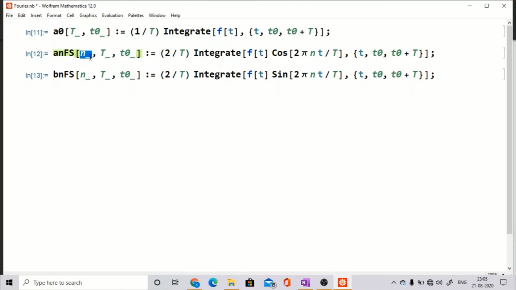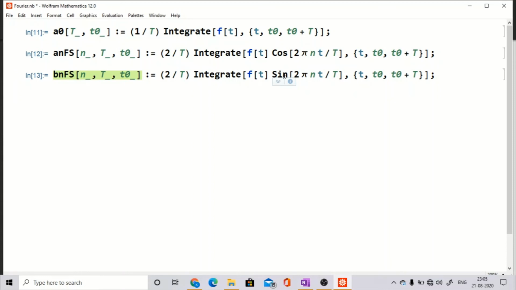The final thing is small n, because there is an extra variable introduced. And the third thing is my bn, which is a function of n, T and t0. This is again 2 by T integration of f of t sine of 2n pi t by T. So this is how your Fourier coefficients are defined.